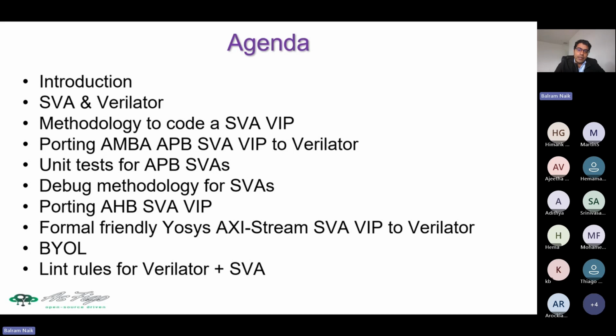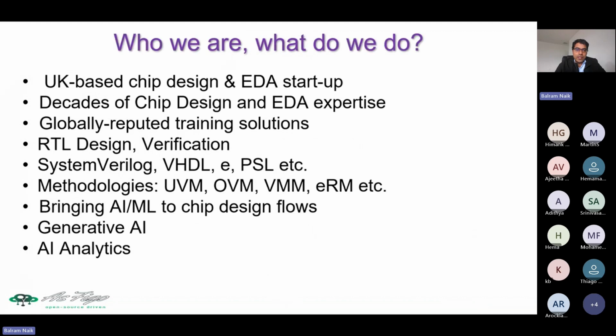We also enhance the AXI SVA VIPs in Verilator with two plugins called UOSS, and we have also built our own linter with a couple of rules to embed these SVAs. So I'll go through this agenda.